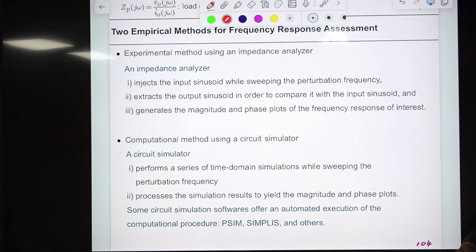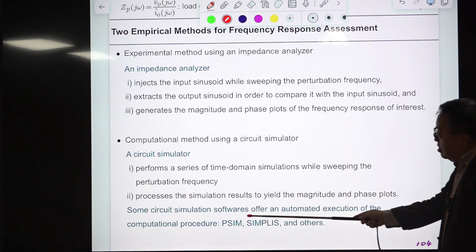I was at Virginia Tech, and they had done some internal program and tried very hard to develop this automatic procedure, but the commercial product came out first. So that project is dead because the industry people had already commercialized this, and one of them is PSIM.